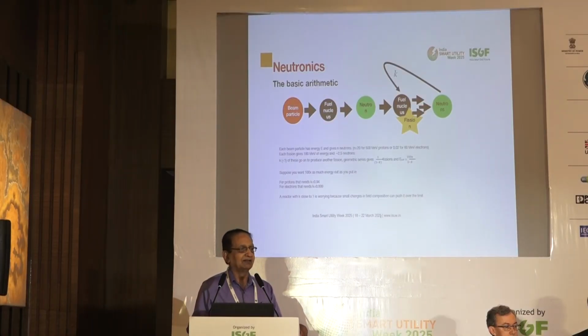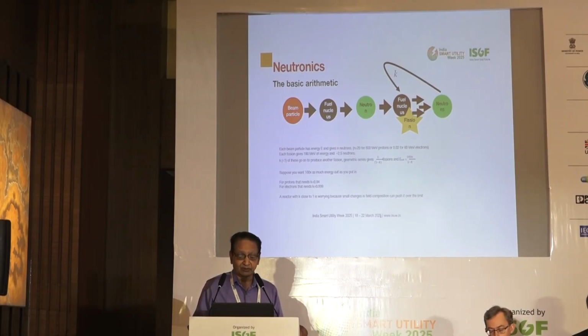Coming back to the basic process of neutron generation. We have electron beam particles, and then it impinges on the fuel, that is U-233, and the thorium or U-233, and then that produces neutrons.